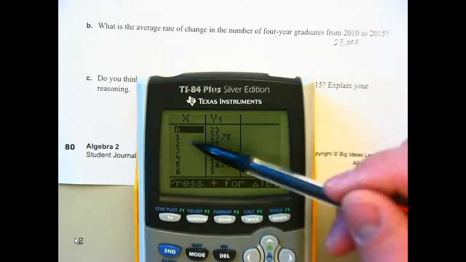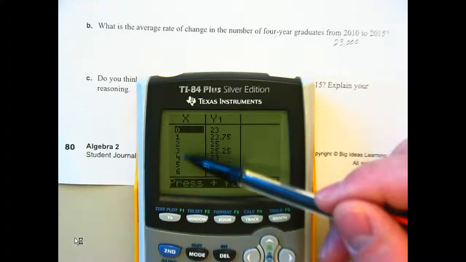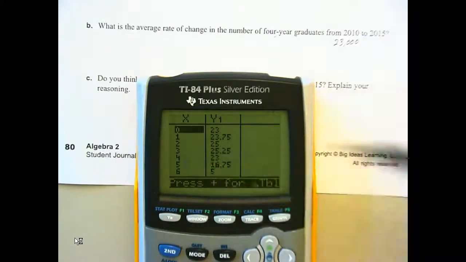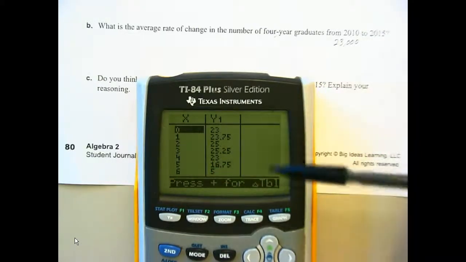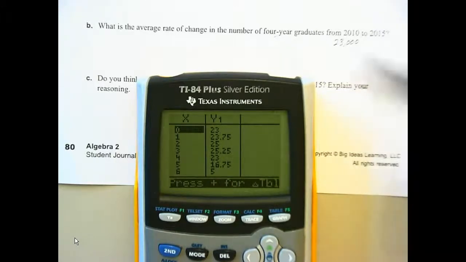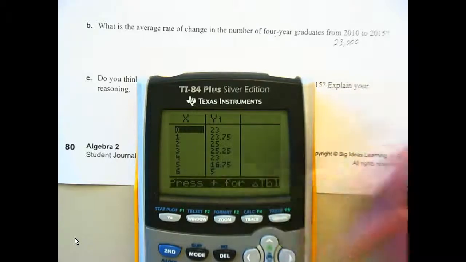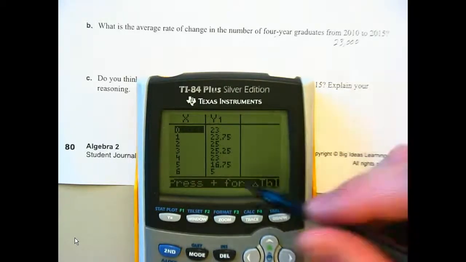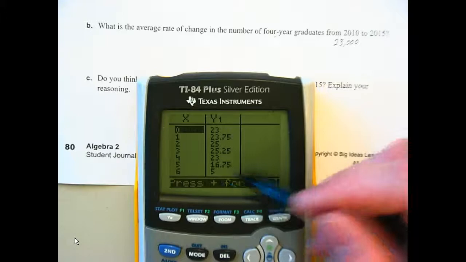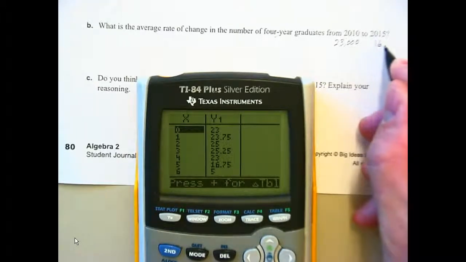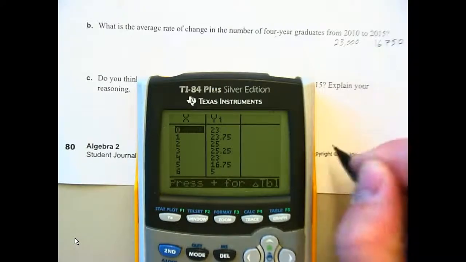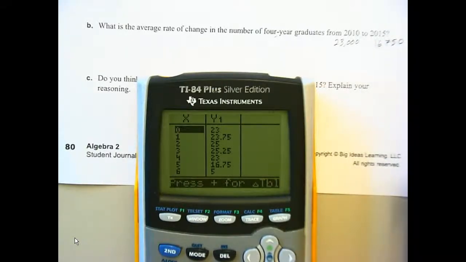So 1 is 2011, 2 is 2012. What is 2015? Yeah, it's 5. Okay. How many students graduated in 2015? 16,750. Right? It's in thousands.